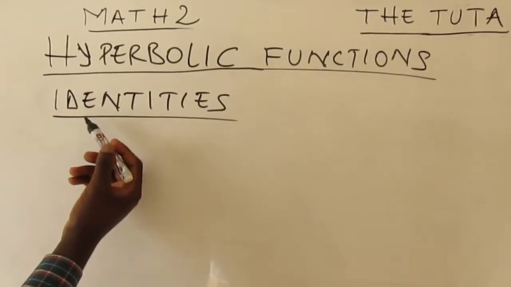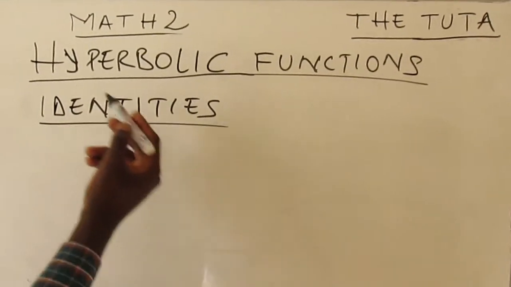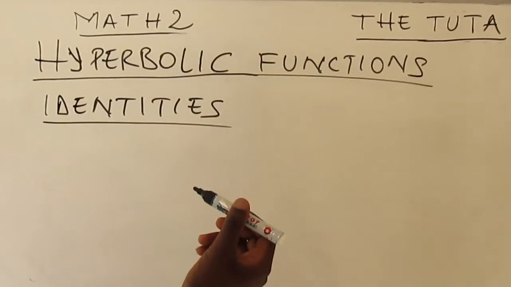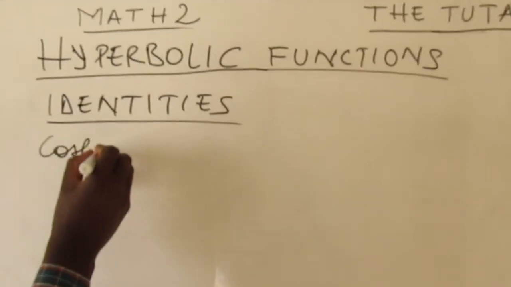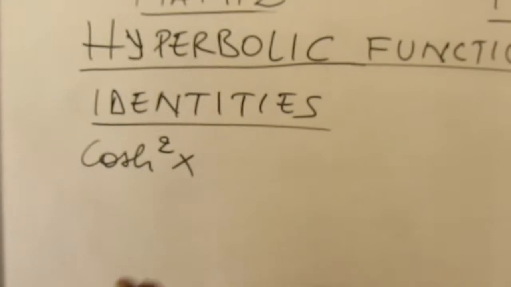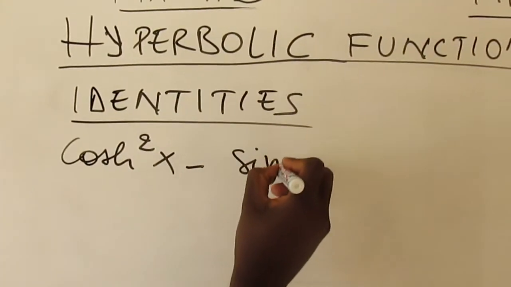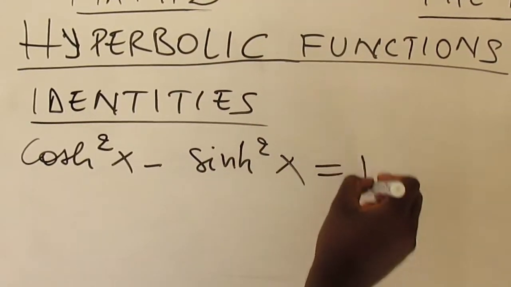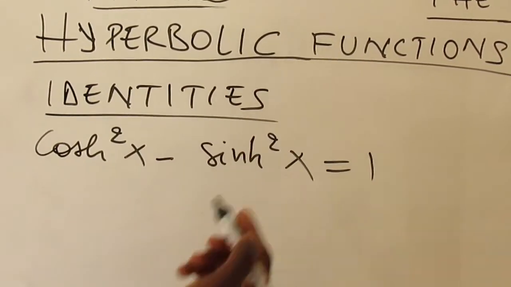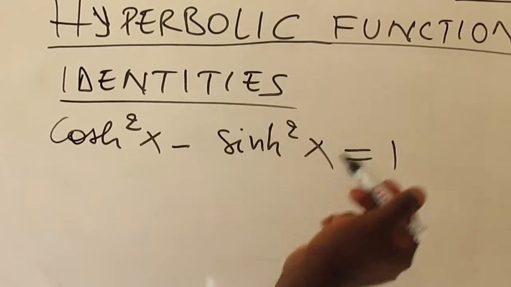Okay guys, I'm going to give you some identities on hyperbolic functions. In hyperbolic functions, cosh squared of x minus sinh squared of x is equal to 1. Remember with trigonometry, we say cos squared plus sine squared is equal to 1.